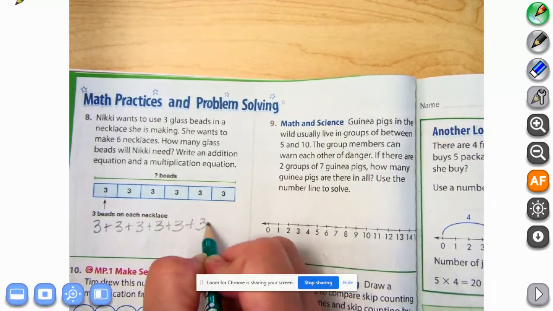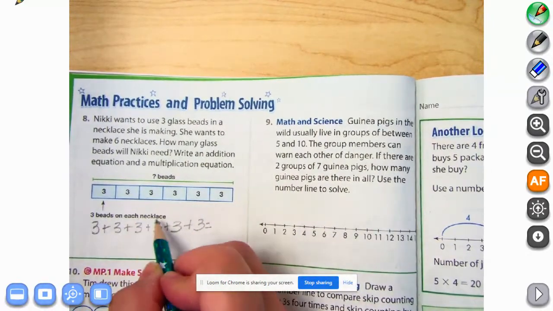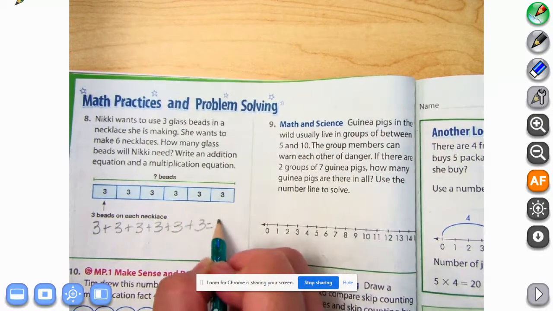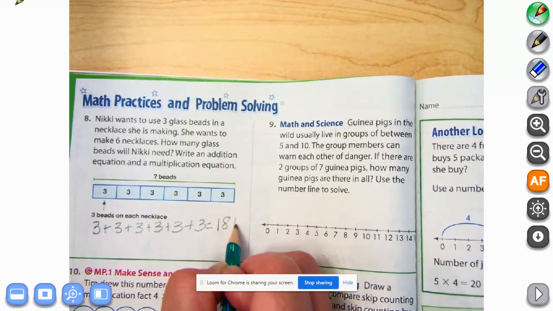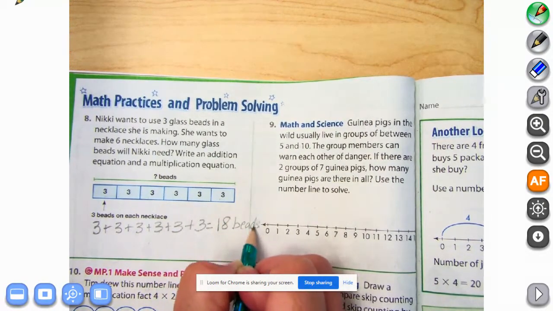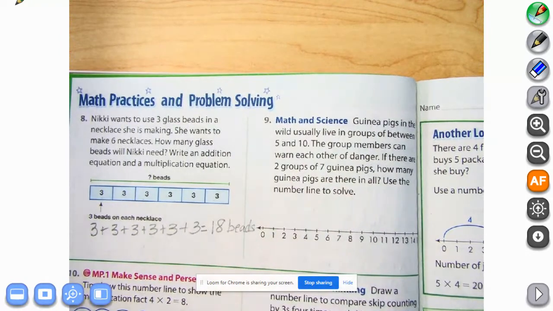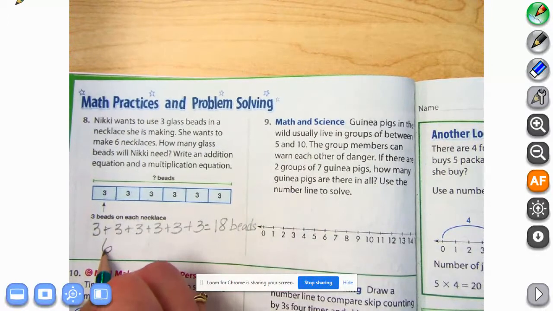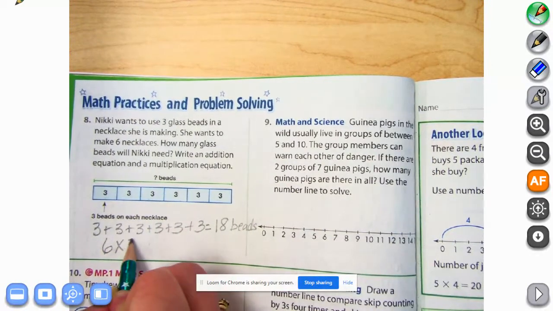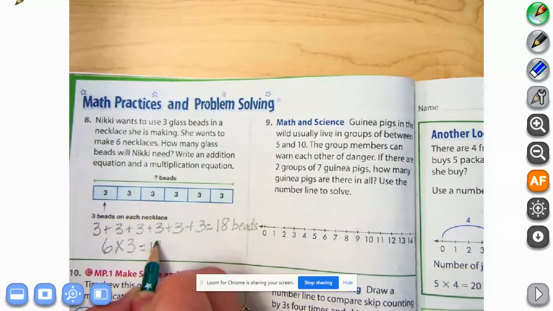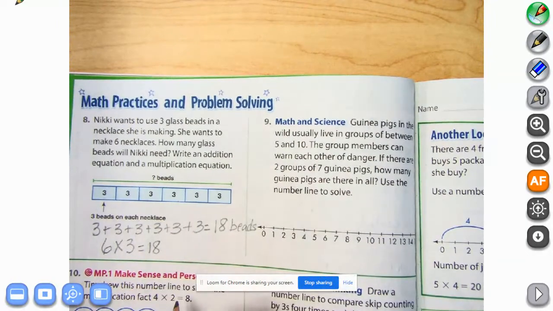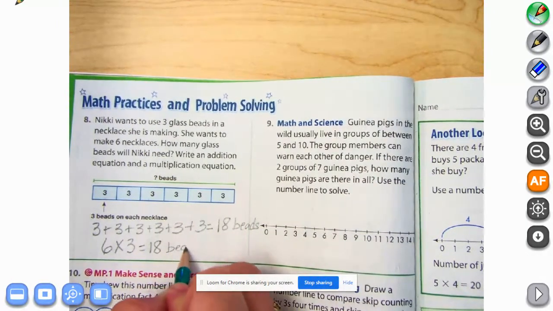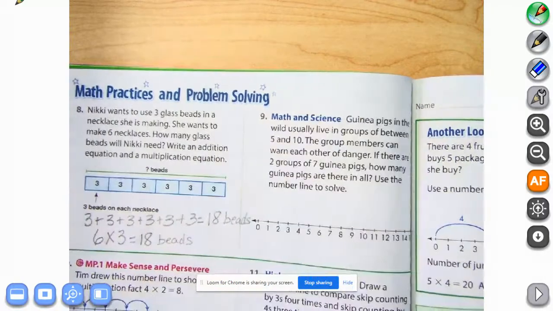Okay? 3, 6, 9, 12, 15, 18. We will get really good at skip counting by 3s, and you'll be able to do that just as fast. So it said I had 6 groups of 3, which is 18. 18 beads. Okay?